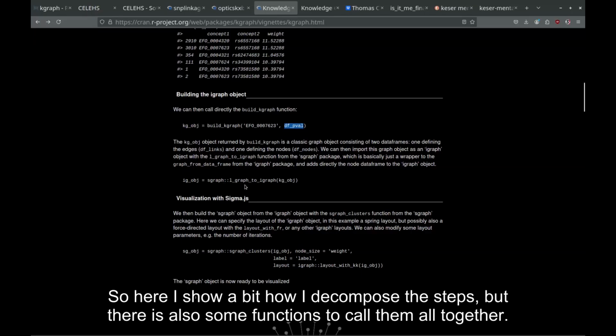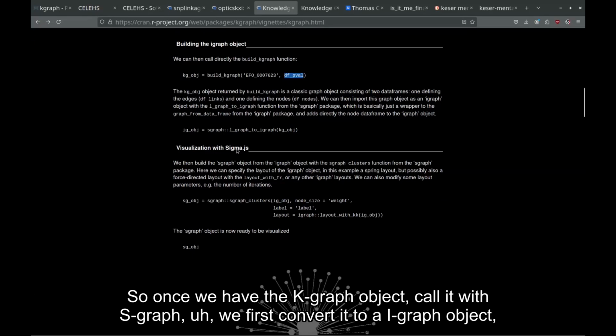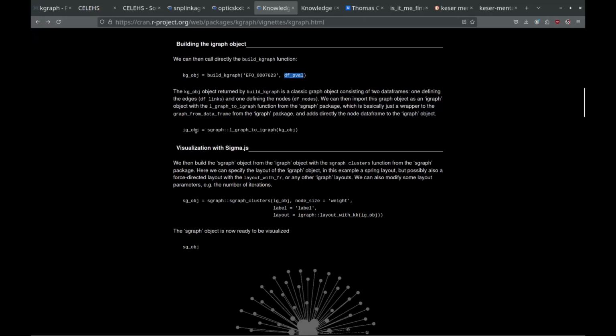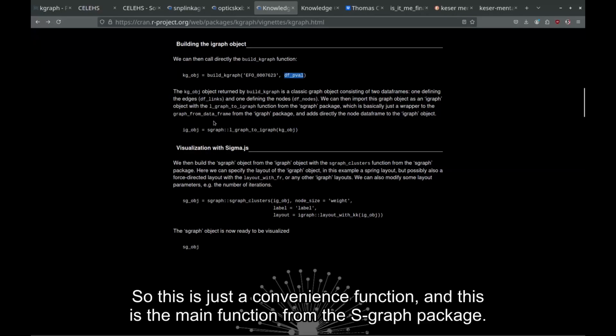So here I show a bit how I decompose the steps, but there are also some functions to call them all together. So once we have the kgraph object, call it with sgraph. We first convert it to an igraph object, which is a very popular graph library. This is just a convenience function, and this is the main function from the sgraph package.